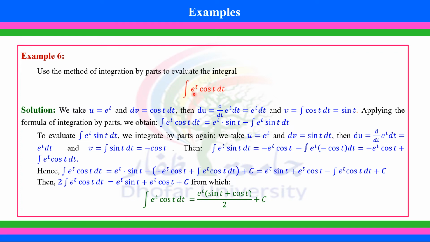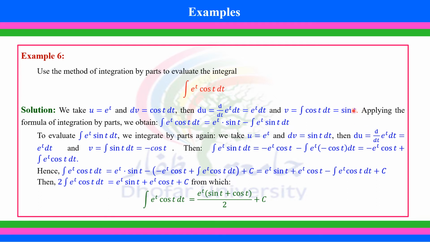To obtain the value of the integral of exponential t cosine t dt, at the beginning we might choose u equal exponential t, and dv is cosine t dt. Then du is the derivative of e power t, which is e power t dt, and v is the integral of cosine t dt, which is sine t.